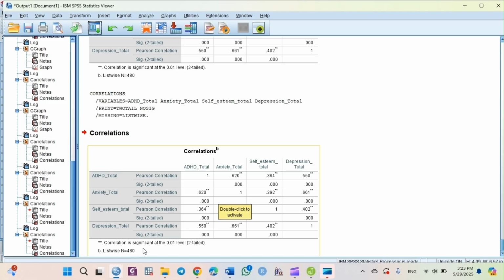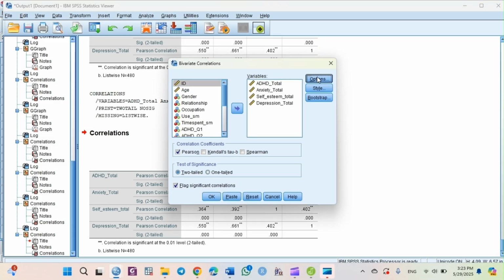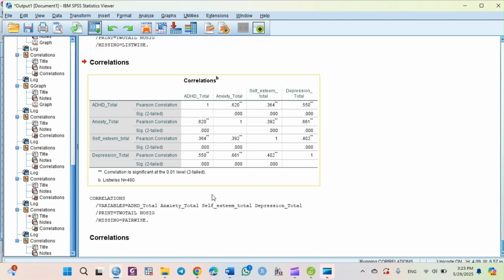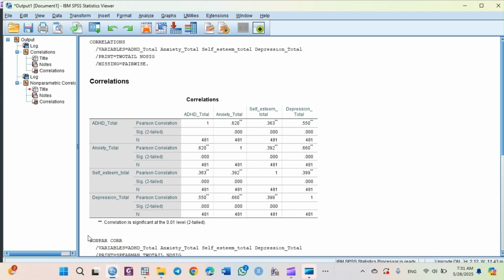That means it removes the whole row for all variables. But if you click on pairwise, look, the ADHD sample size is 481, anxiety is 481, self-esteem is 481, and depression is 480. Let's interpret the results.